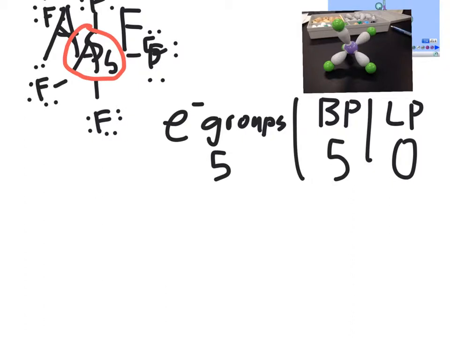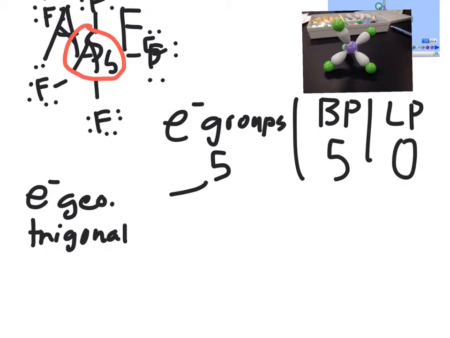Now, with this, we can tell that the electron geometry, I'm going to shorten it to geo, is going to be trigonal bipyramidal. And also, since there are no lone pairs, there is no repulsion going on around the arsenic.